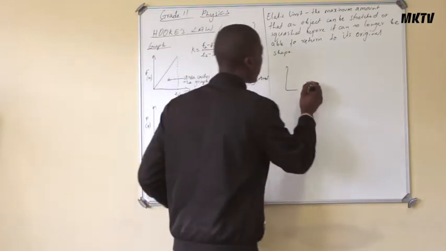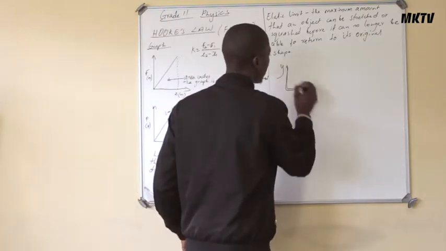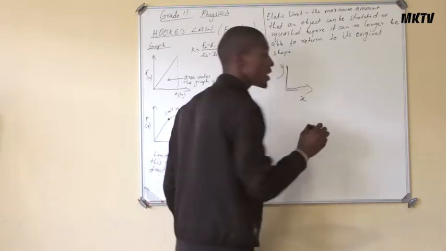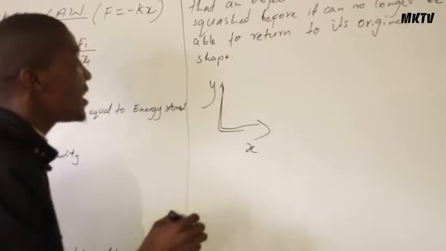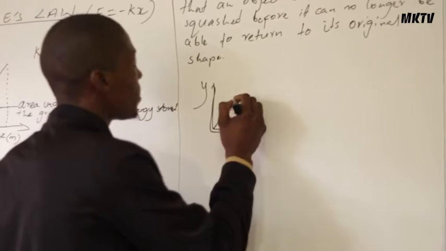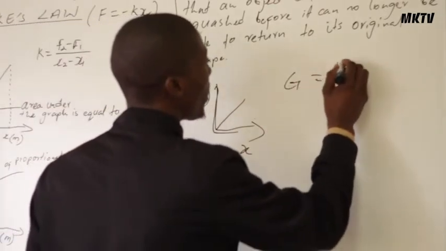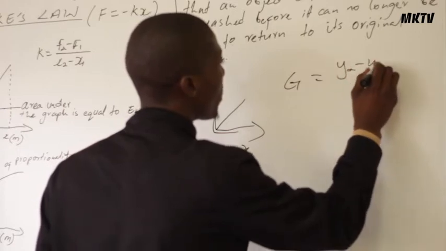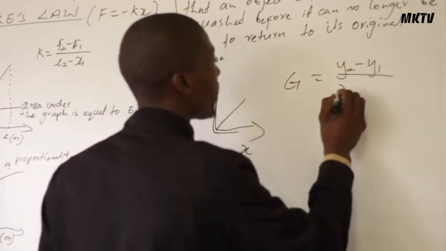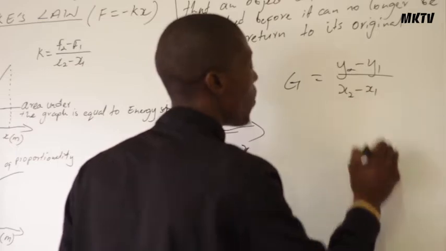We have a graph with the y-axis against the x-axis, and you were told that the gradient of the given graph would be y2 minus y1 over x2 minus x1.